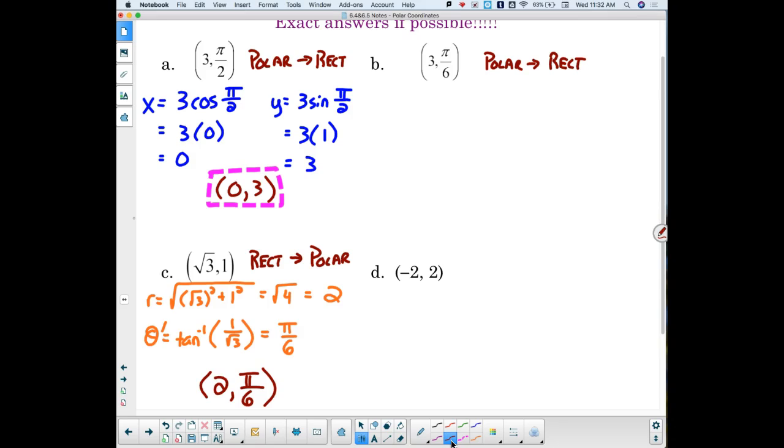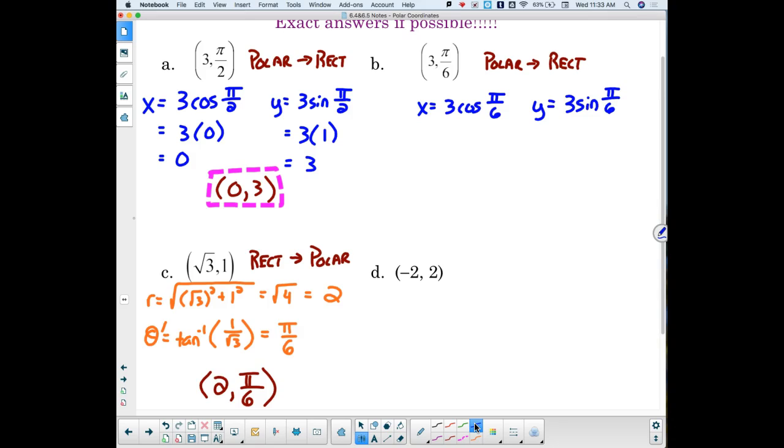Okay, so then that would be x equals 3 cosine of pi over 6, and y equals 3 sine of pi over 6. Cosine at pi over 6. Square root 3 over 2.